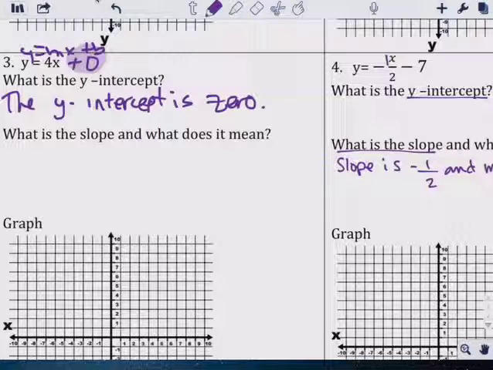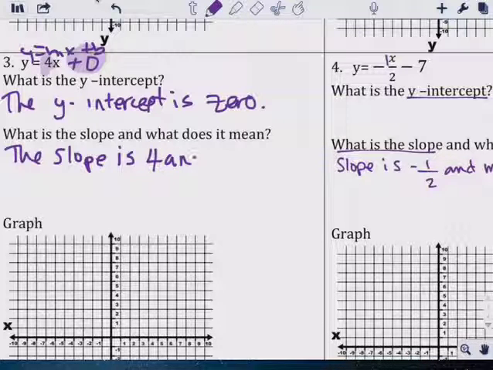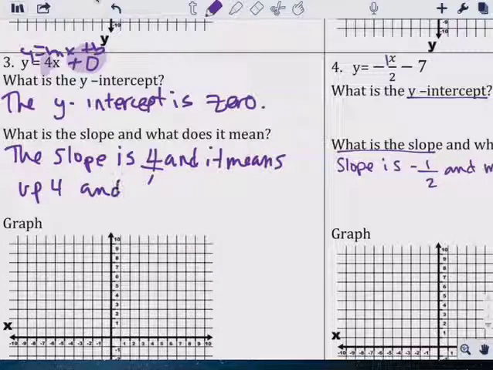Okay, what is the slope? The slope is the number attached to the variable, which is 4. The slope is this 4 right here, and it means 4 over 1, and it means up 4, and right 1.